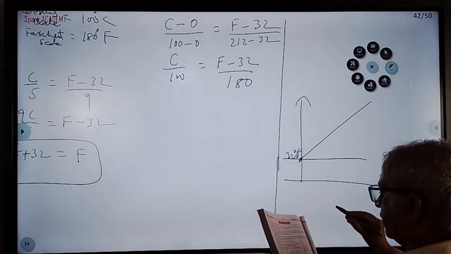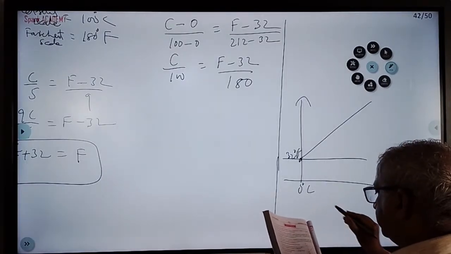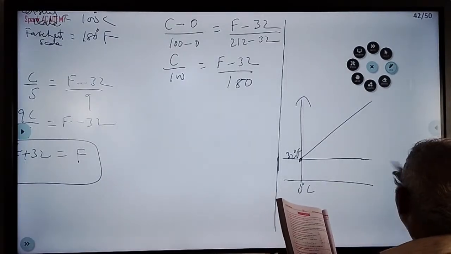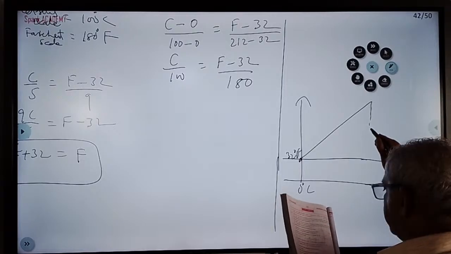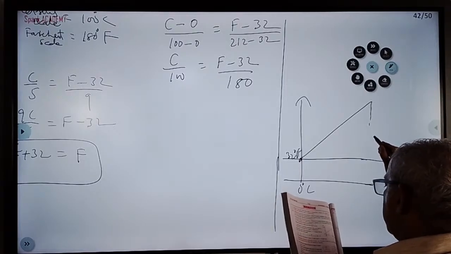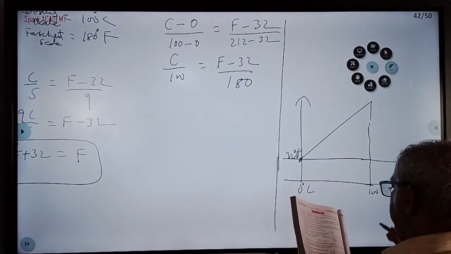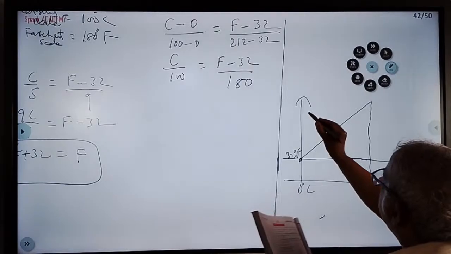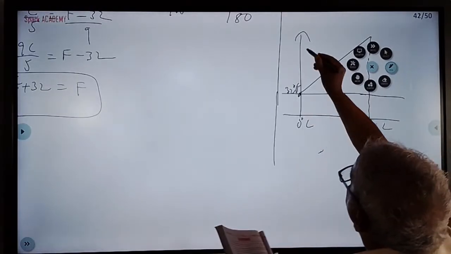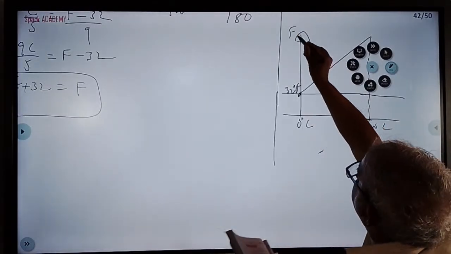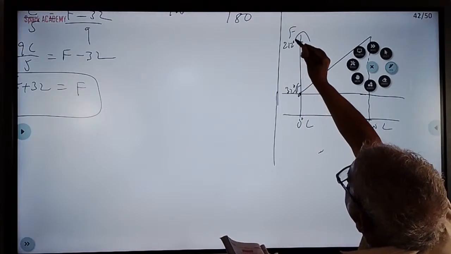Okay, friends, this is 0 degrees centigrade. This is 100 degrees centigrade, and this is 212 degrees Fahrenheit.